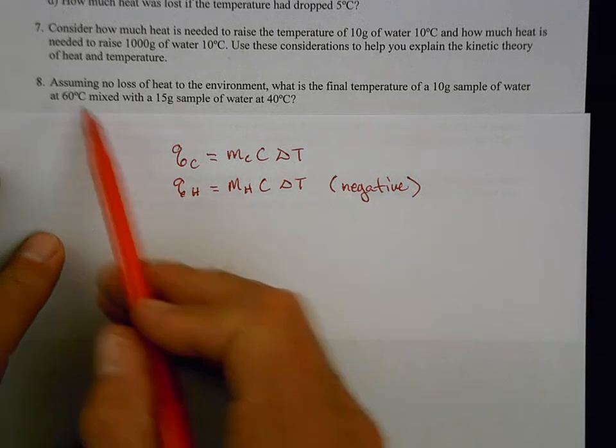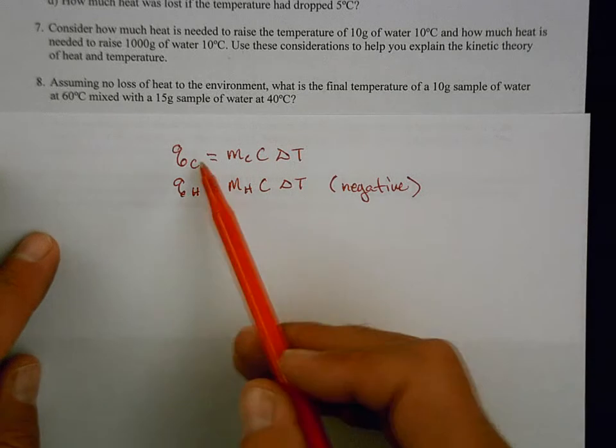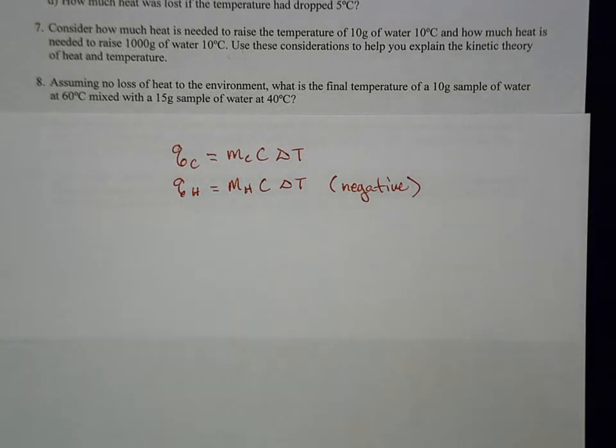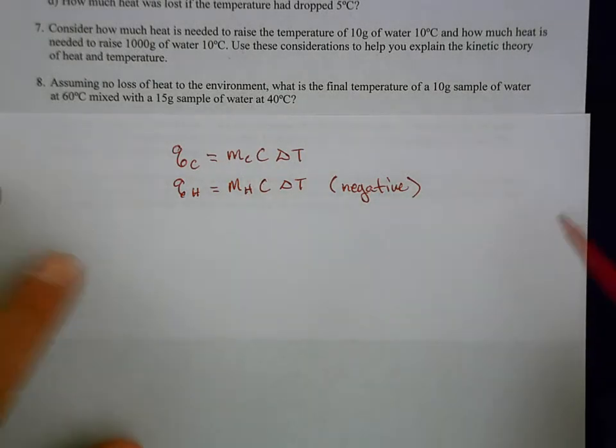Now, because I say no loss of heat to the environment, the cold water is going to get warmer because the hot water warmed it up. Well, that energy came from the hot water.